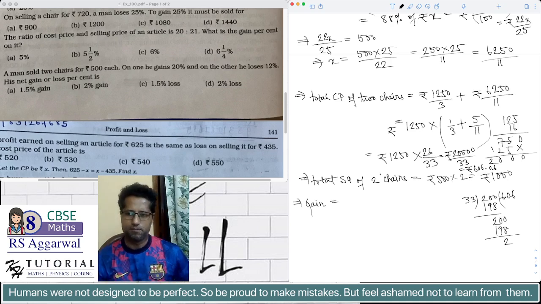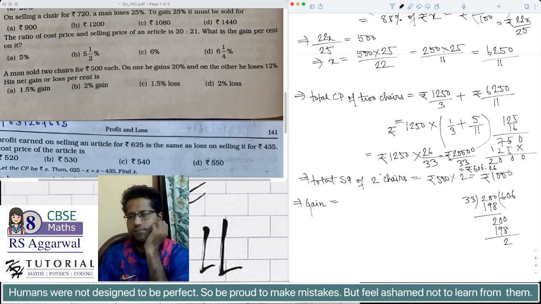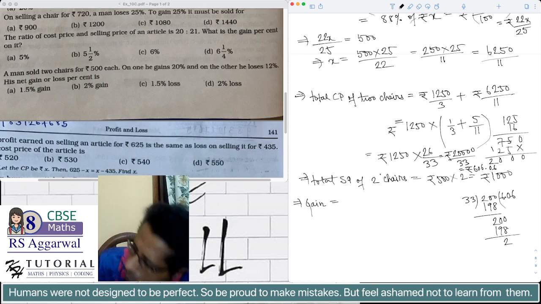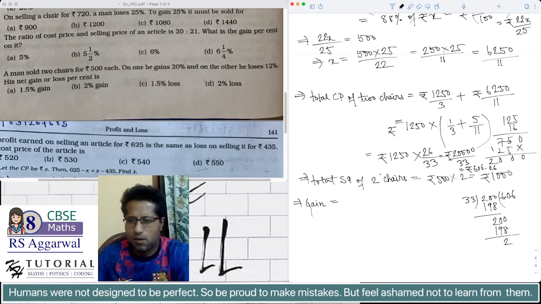So I have to calculate this; it becomes 125 multiplied by 26.